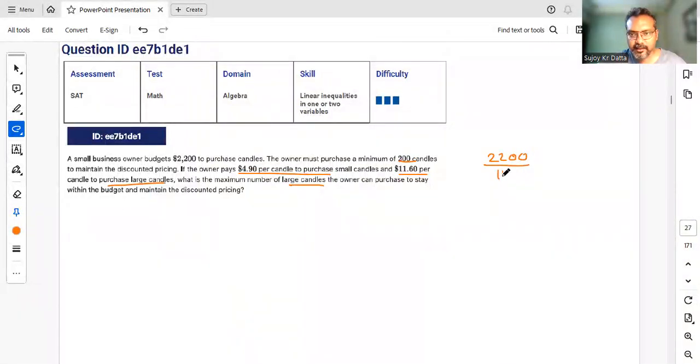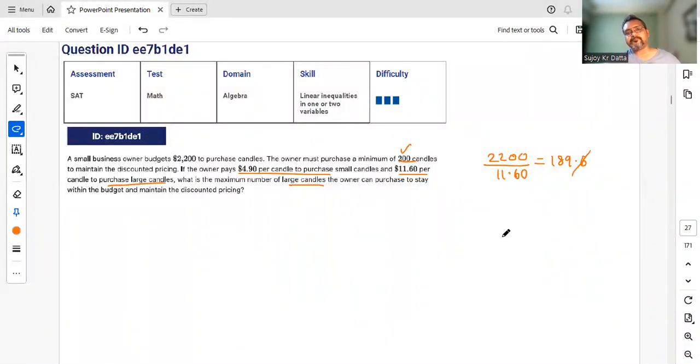So if you do that, 2,200, you divide it by 11.60 and let us calculate how much we get. You can use a calculator. So I'm using one. 2,200 divided by 11.6 gives us 189.6, means 189.